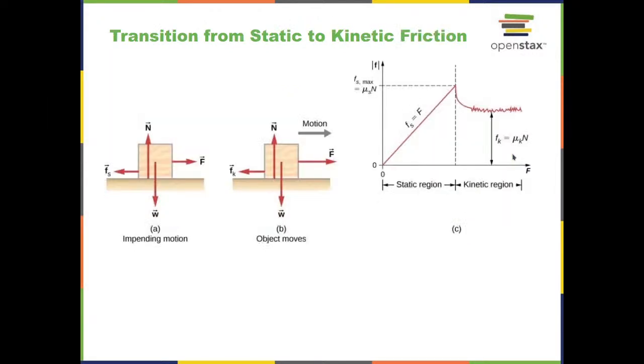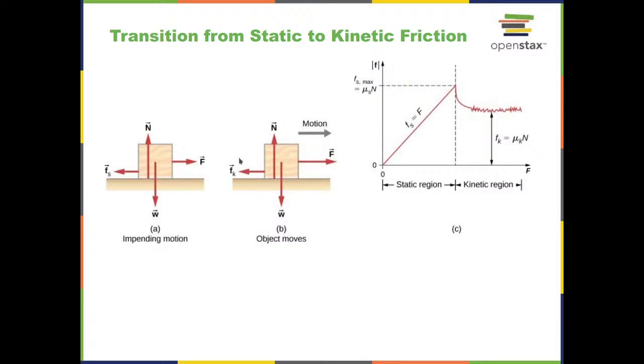And so, this is a way that we can describe that. So we have our block here. We apply an external force. There's going to be a force of static friction that, as long as the block doesn't move, as long as there's no acceleration, we know exactly how large the static friction has to be. It has to be exactly the opposite of the force that is externally applied, so that the acceleration will be equal to 0.